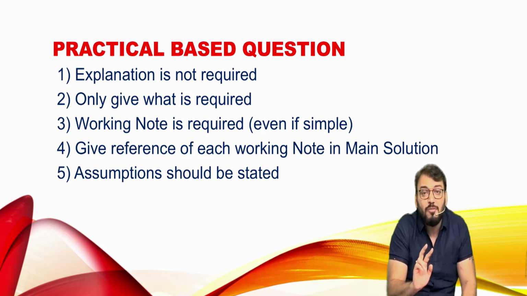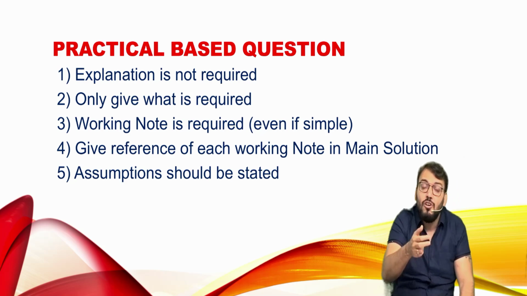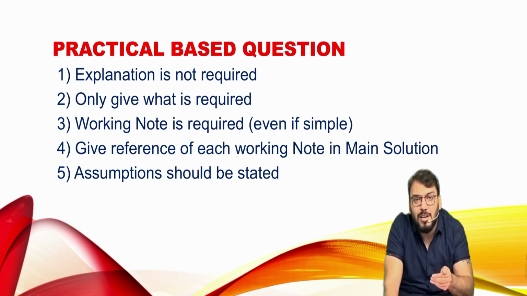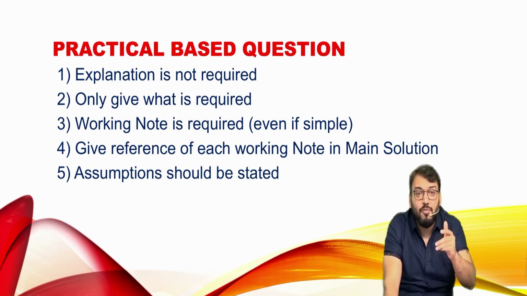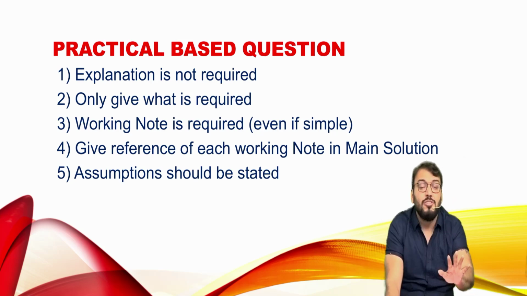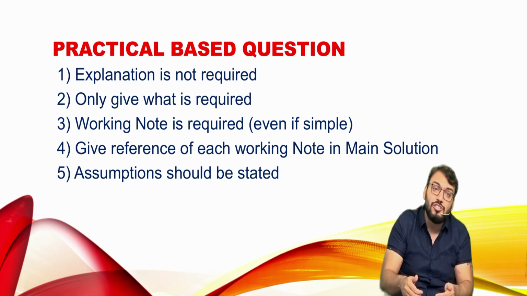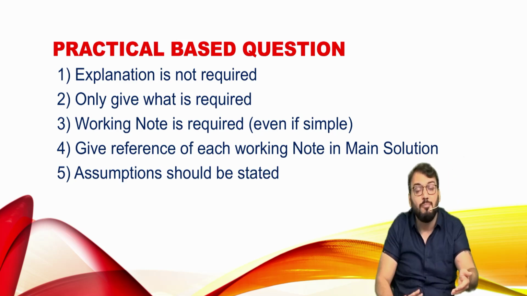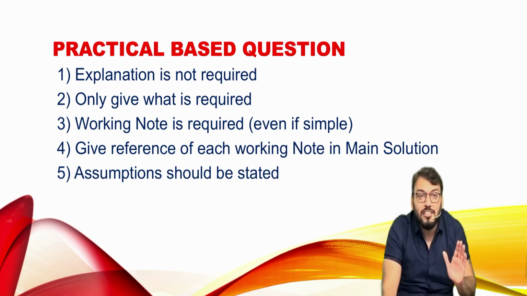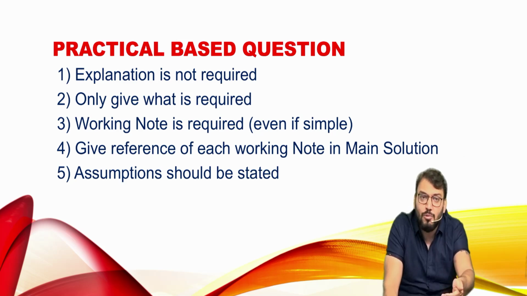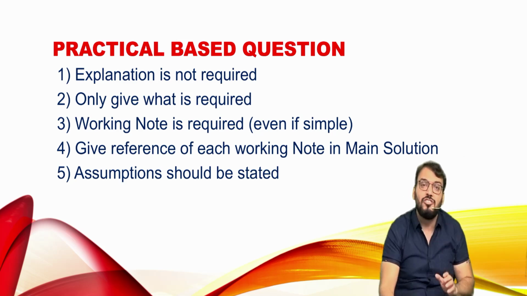Now one doubt will come: Sir, first should we provide main solution or working note? Of course, as per ICAI standard solution, first we provide main solution, then supported by working note. If you can follow that, it is very good. But if you can't follow that, you can also start with working note and then follow with main solution. Believe me, no marks will be deducted in that case. Understood?